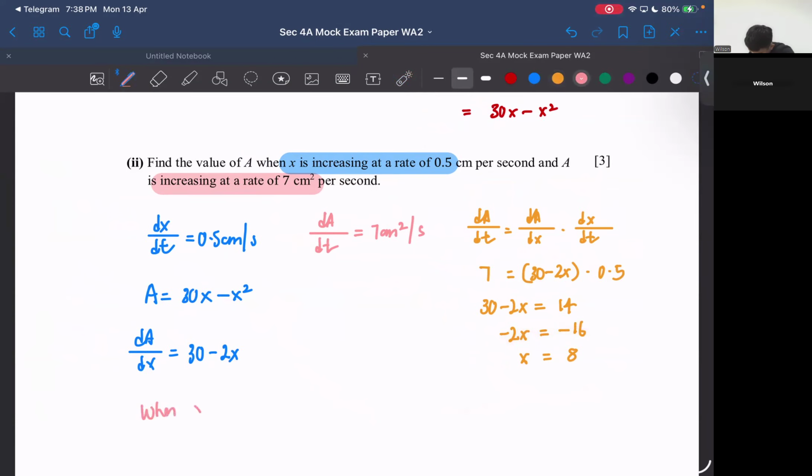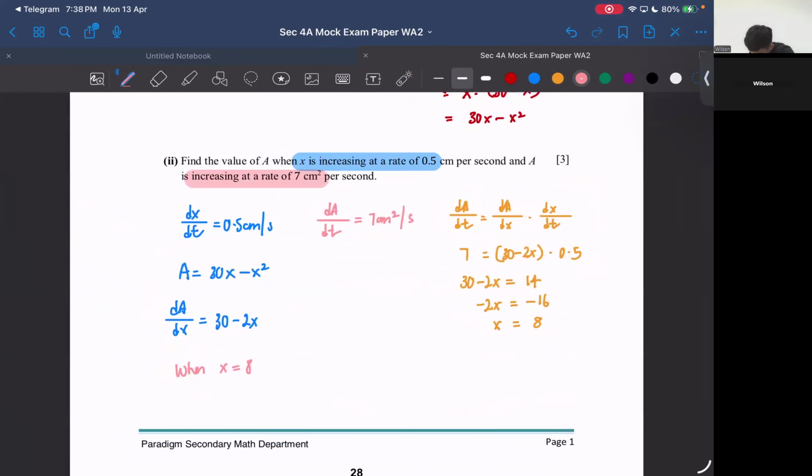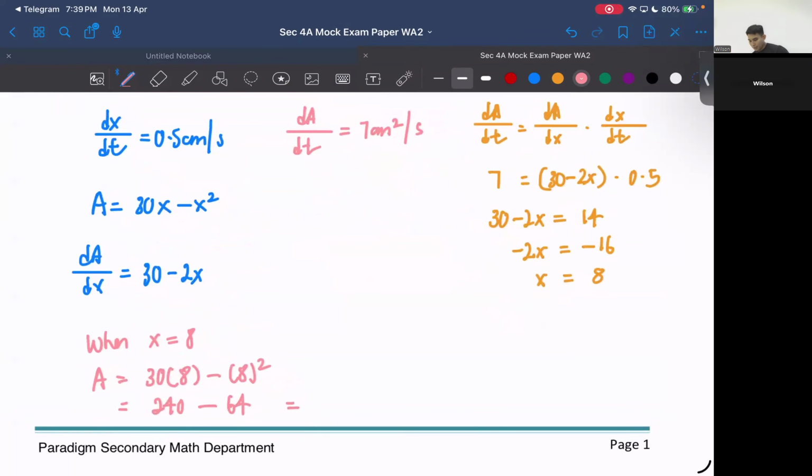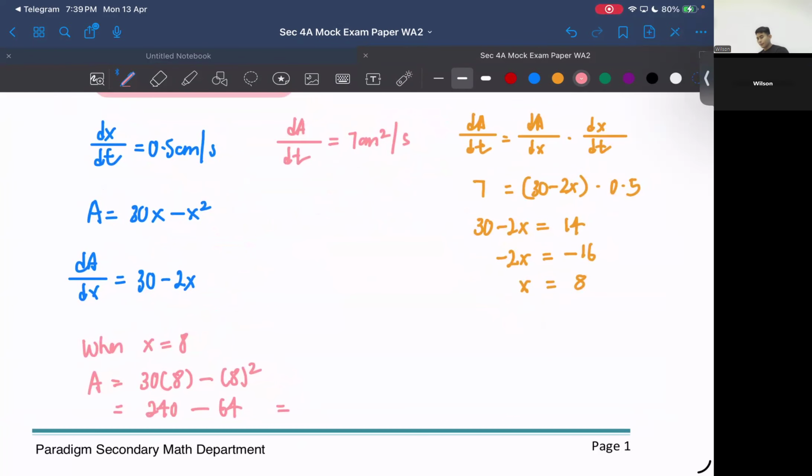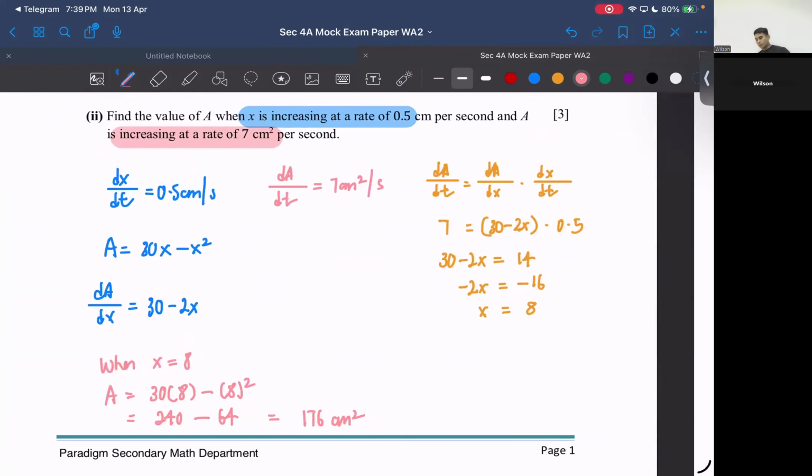When x is equal to 8, A is equal to 30 times 8 minus 8 squared. This is 240 minus 64, which is 176 cm squared. This is our area for this particular question.